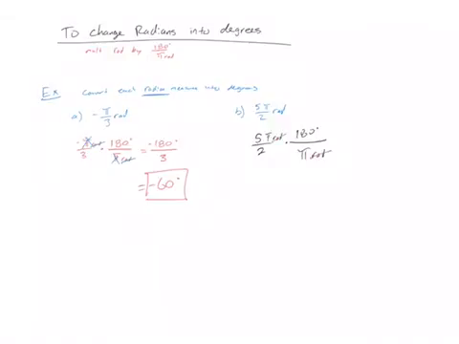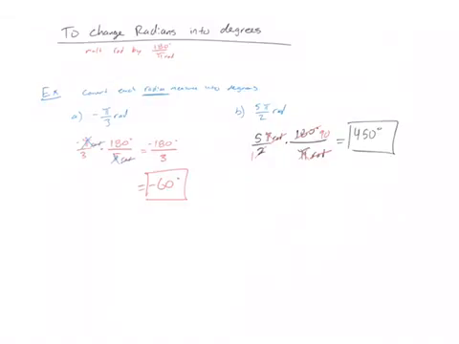Again, my radians will reduce, my pi's will reduce with each other. 2 goes into 2 one time, 2 goes into 180 90 times. So this is going to be 5 times 90, which is 450 degrees.